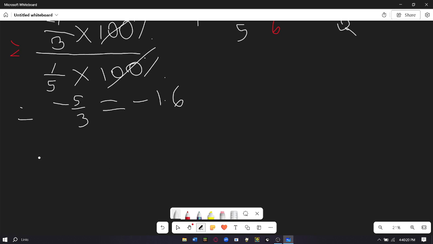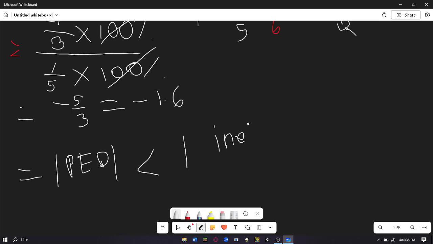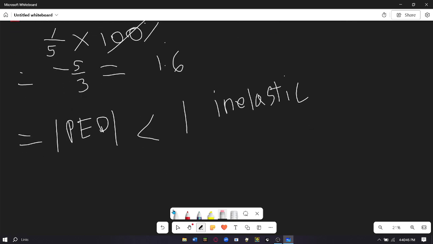Now, a little thing you gotta know is that if the absolute value of this PED is less than 1, then it is considered inelastic. A little thing to keep in mind in economics for maths, we do not think of the sign as anything else, so we just think it's not there.